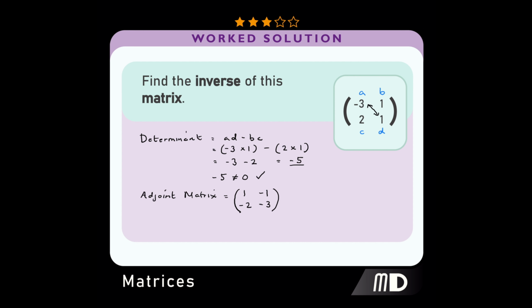If we call the matrix that we've been given A, the inverse matrix is identified as A to the power of minus 1.